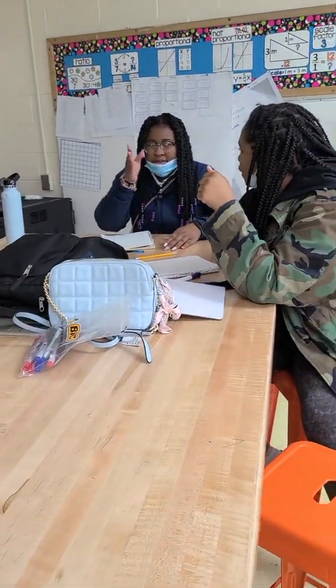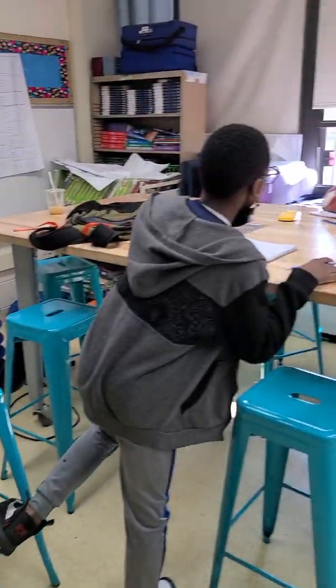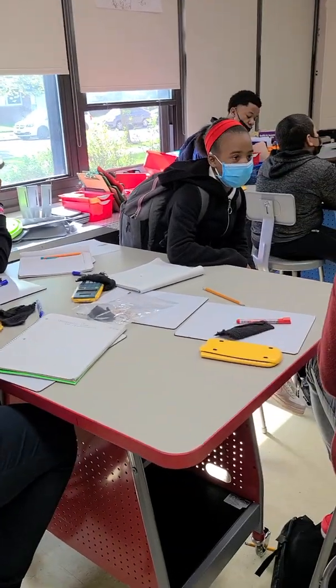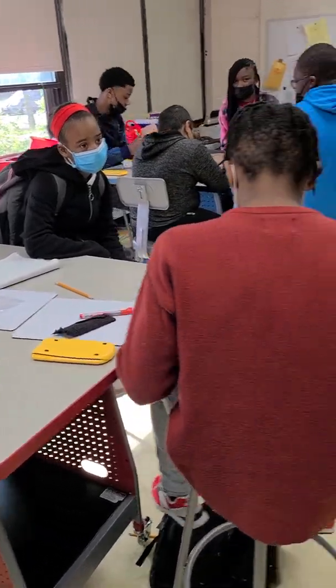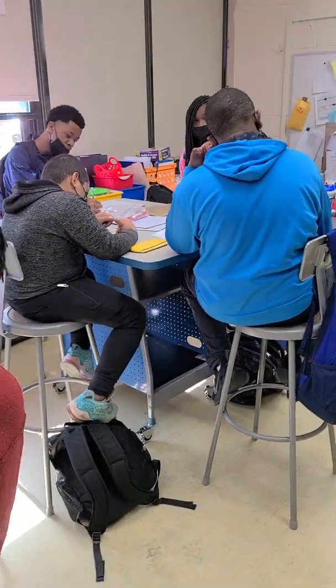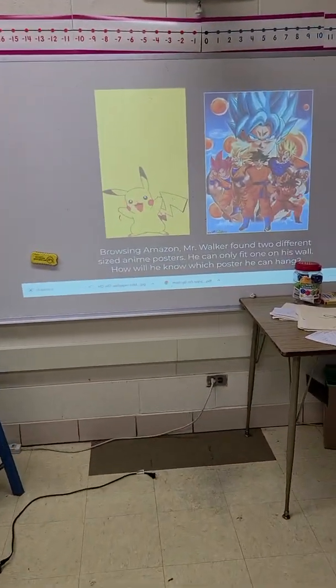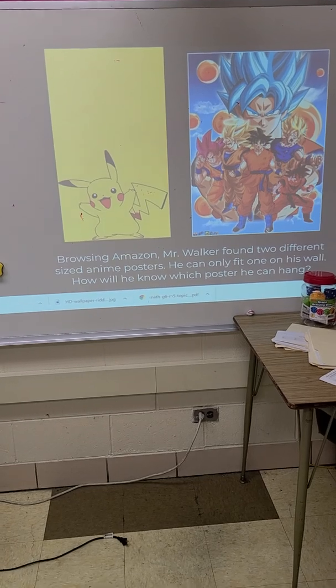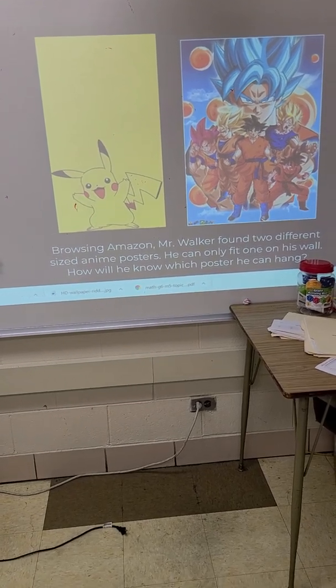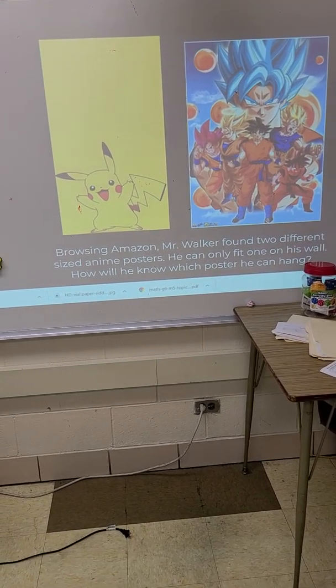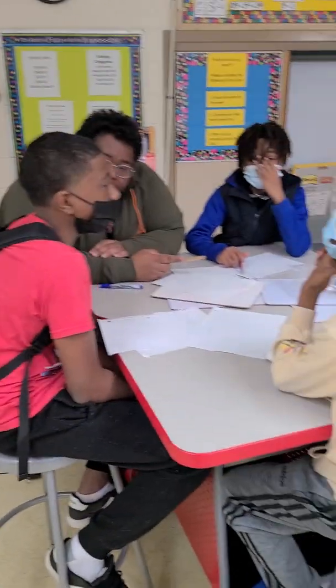So you call it the width? You use it to measure the size. Seems like you measure the poster.